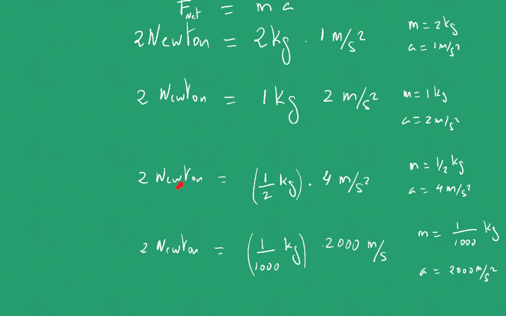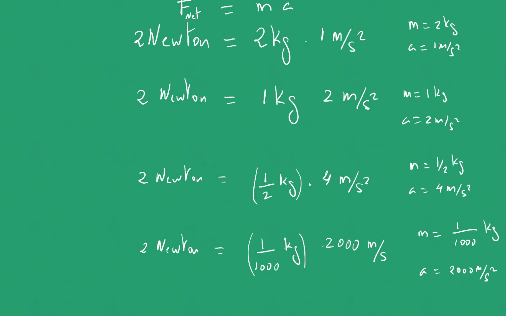But also 2 newtons can be seen as the force acting on a body of mass half a kilogram that now produces an acceleration of 4 meters per second squared. Of course, 4 times 0.5 is 2.